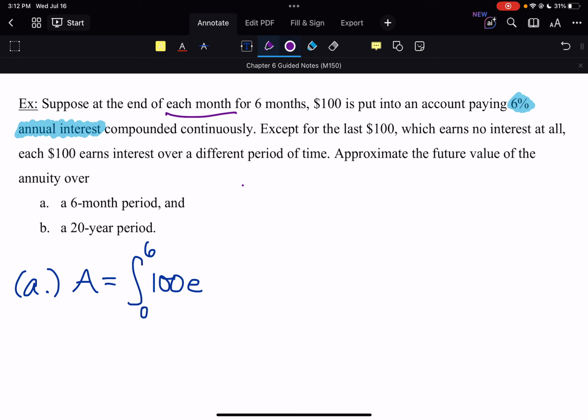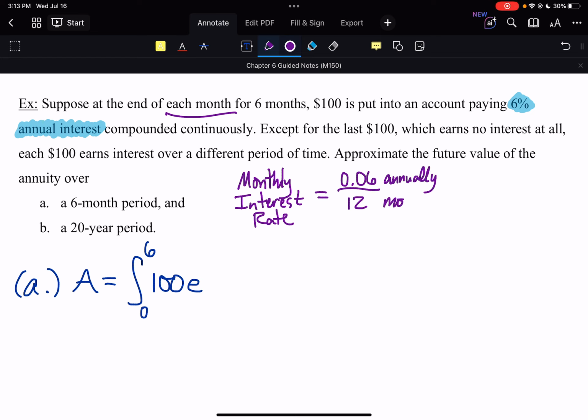So we need to get the monthly interest rate out of this, which is a simple enough calculation. You take the 6% annually and divide it by 12 months.